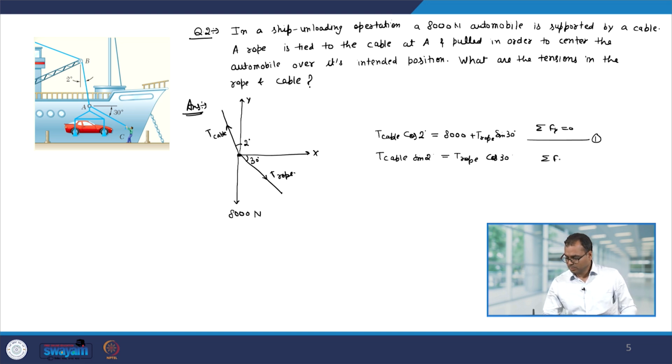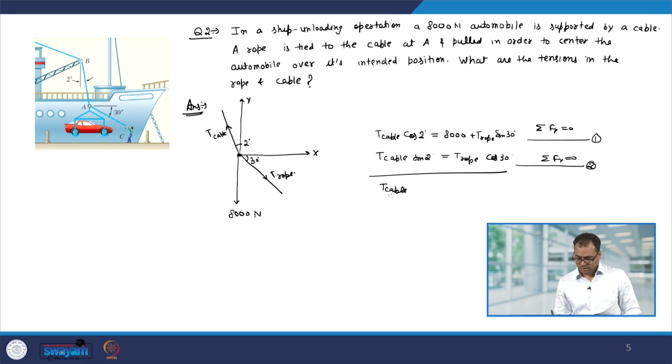This is summation Fx equal to 0. Here there are two variables and two equations, so we can find out T cable and T rope. T cable comes out to be 8170 Newton and T rope comes out to be 320 Newton.